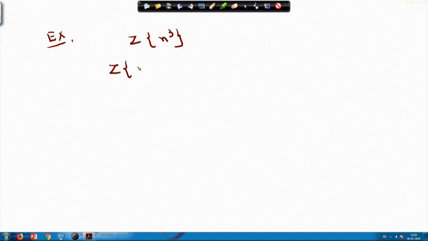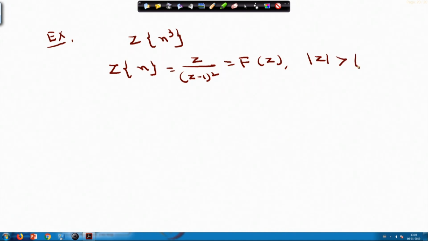We know that the Z transform of n is z by z minus 1 whole square. Say this equals capital F z, with modulus of z greater than 1. We did this in the last lecture itself.